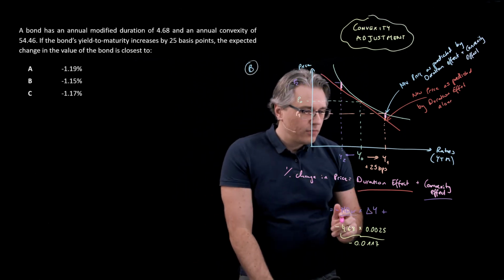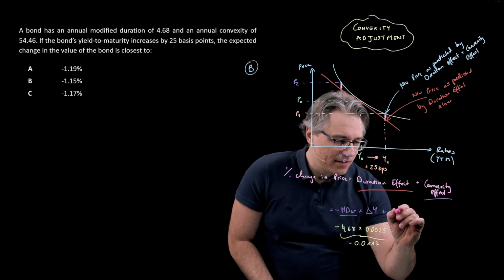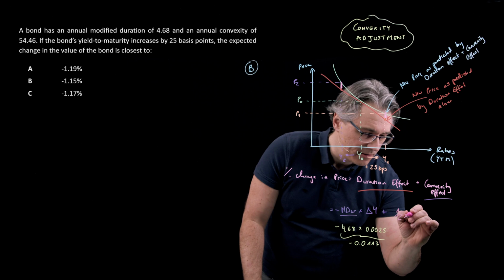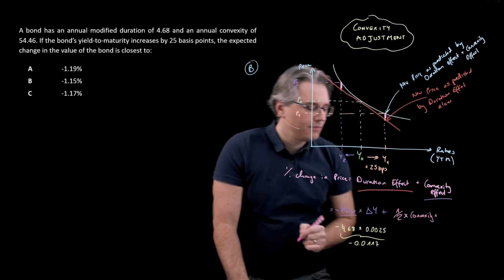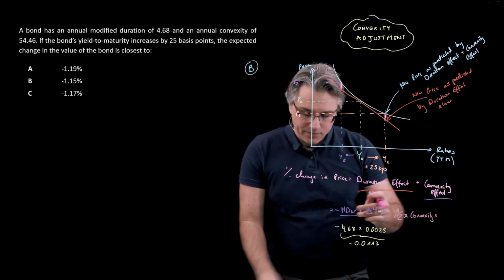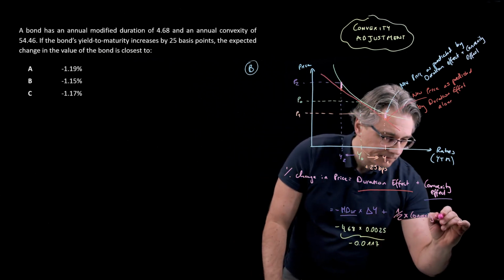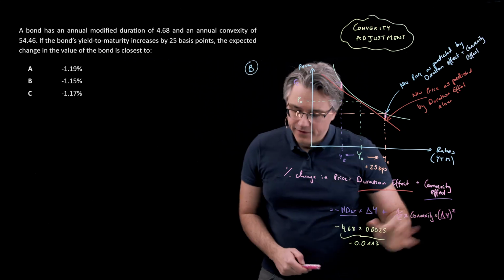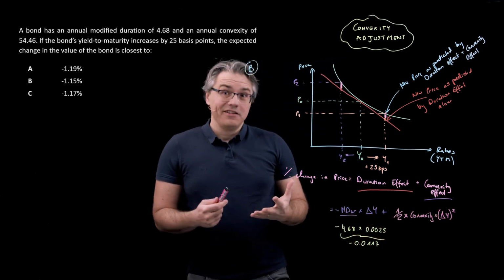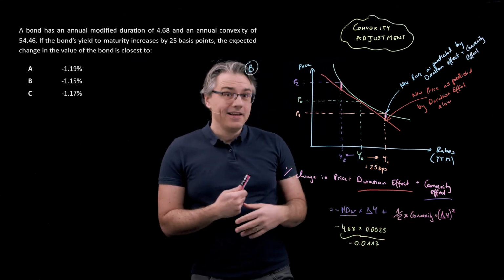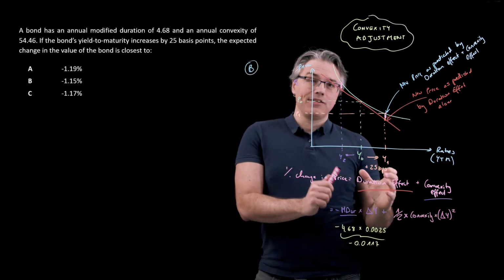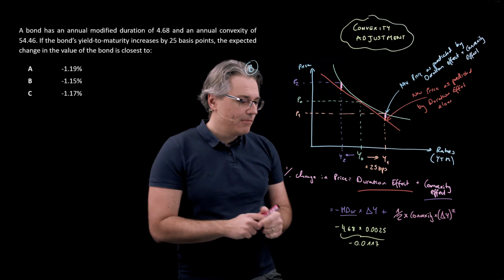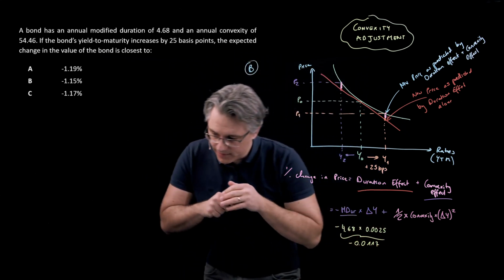It's a little bit more complicated, because what you've got to do here is take half of whatever the convexity parameter is, and this ought to be multiplied by the change in yield squared. Okay, so that is the convexity effect, and yes, it is slightly more complicated, and in reality, you won't always need to compute it. Just like here, you can answer the question without actually doing this, but let's do it anyways, for practice's sake.